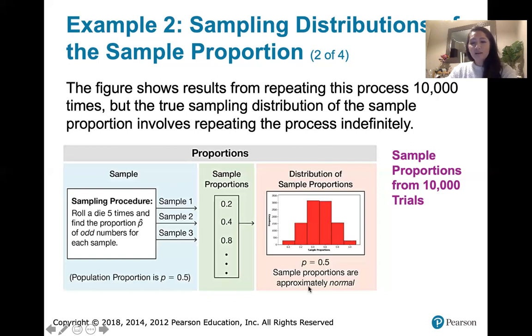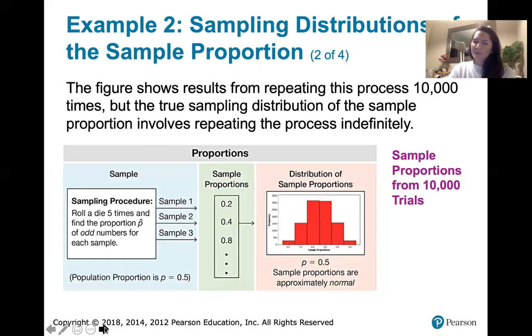And it turns out that the mean calculated when you find the mean of all of these sample proportions, even though the sample proportions themselves were 0, 1/5, 2/5, 3/5, 4/5, and 5/5, turns out when you take the mean of all those, you get p equals 0.5.